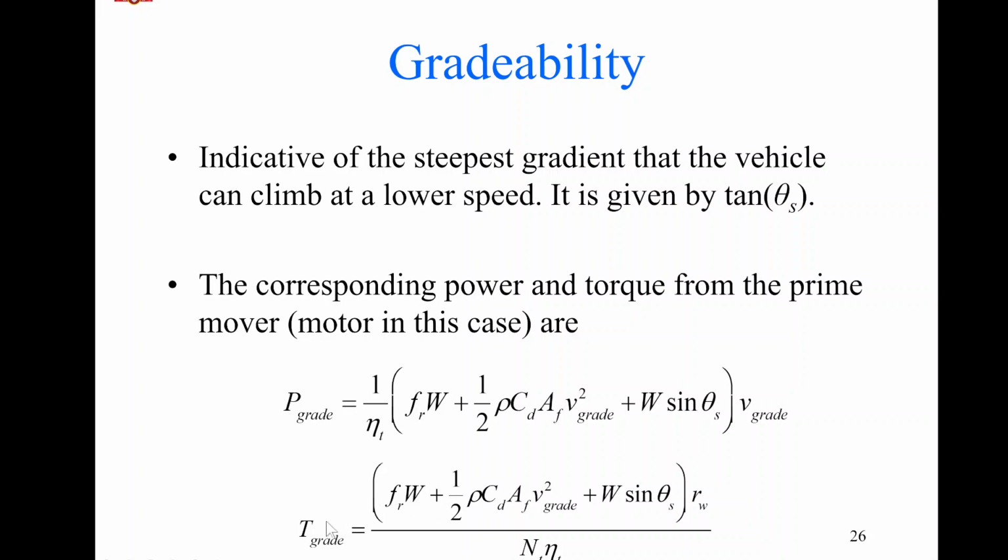So the maximum torque which we are getting from the motor and the maximum power should certainly be higher than P grade and T grade for the requirement of gradability.